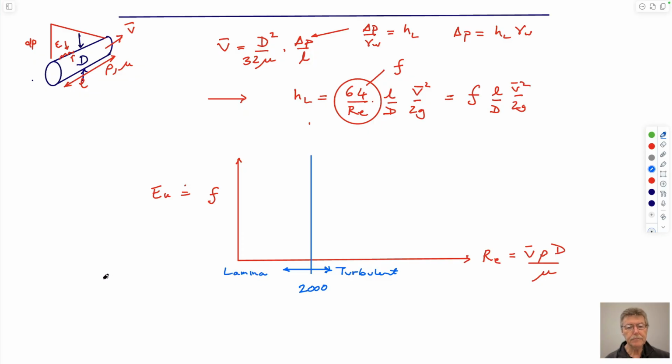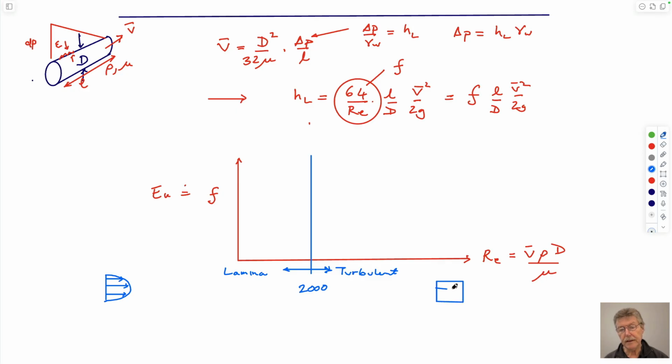Of course, laminar means that if you look within the pipe, it's this parabolic distribution, which would come out of this. This solution is for parabolic distribution, which we convert to an average volumetric flow rate and assume it's uniform across the pipe. In turbulent flow, you get a uniform distribution.